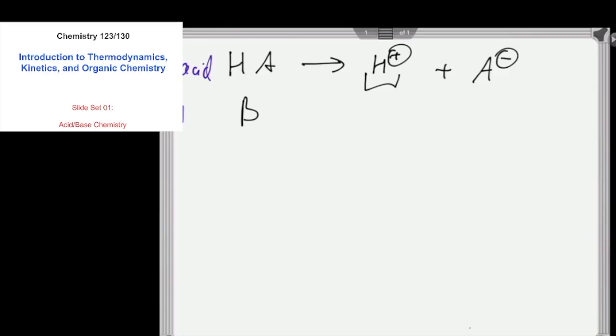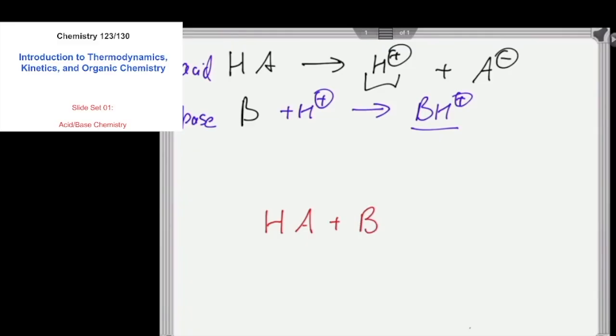A base is the opposite, right? It is a proton acceptor. If it has a proton, we're going to make a species like this. Now I'm just showing half reactions in this case. Typically what we're going to have is an acid-base reaction where some species is the acid and it is reacting with the base in an equilibrium to make our two new products.